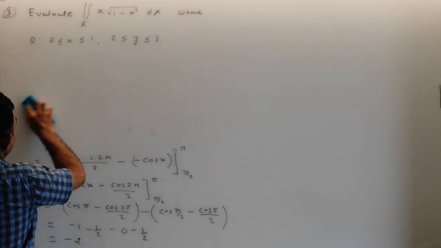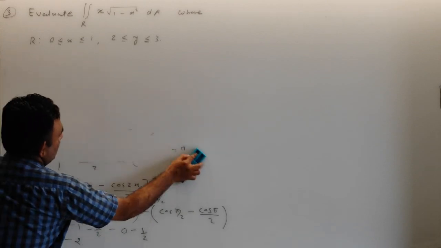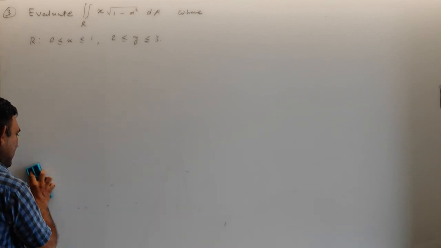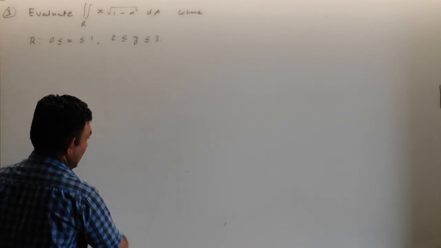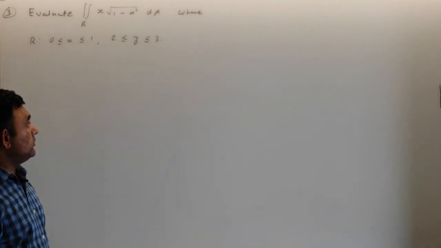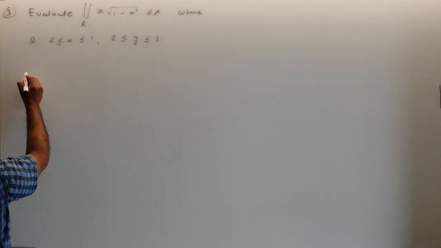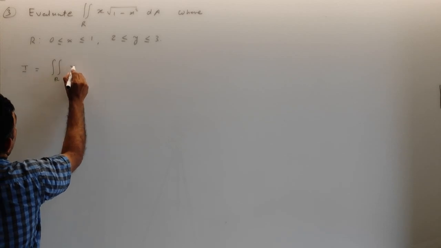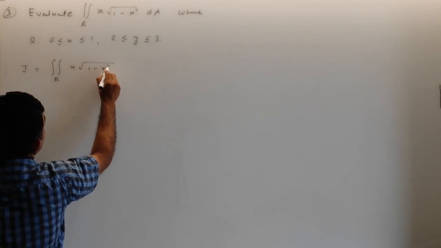Again, we can integrate our function in any order: with respect to x first and then y, or first y and then x. So I is equal to the double integral over R of x under root 1 minus x square dA.